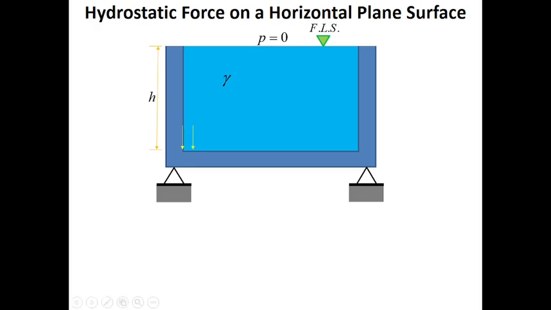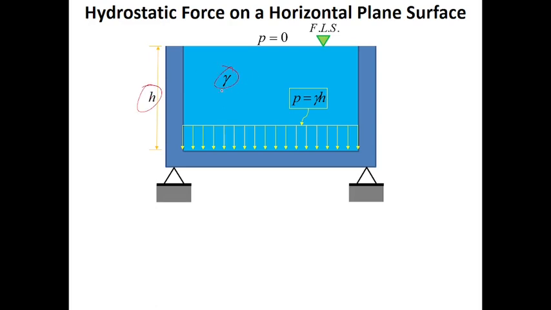And let's consider the pressure at the bottom of the tank. That is the representation of our pressure at the bottom of the tank. Okay? The pressure at the bottom of the tank is simply the product of the two: the unit weight or specific weight of the substance inside this tank multiplied by the pressure head is the pressure at the bottom of the tank.